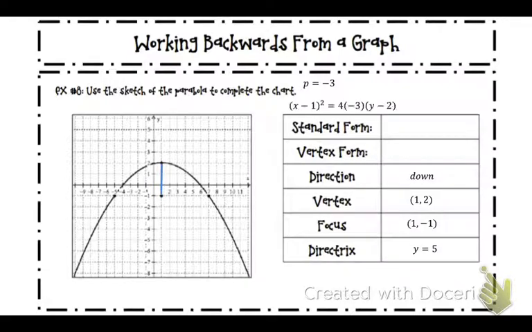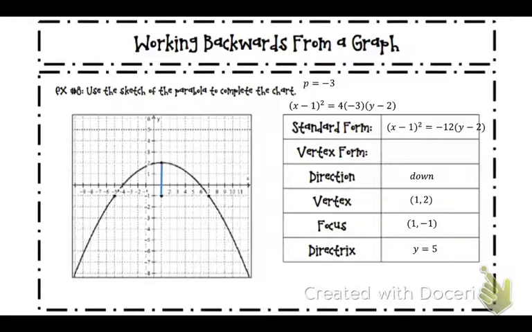So for this standard form, that's going to be x minus 1 squared equals 4 times -3 times y minus 2. And I got that -1 because h was 1, k was 2. And then 4 times -3 is -12, so that's x minus 1 squared equals -12 times y minus 2.